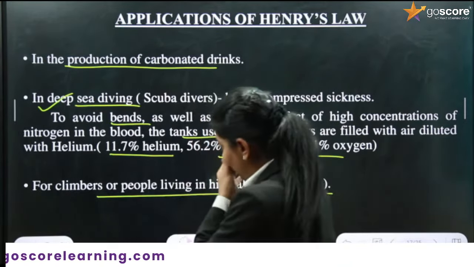Okay, now let's see one problem based on Henry's law.